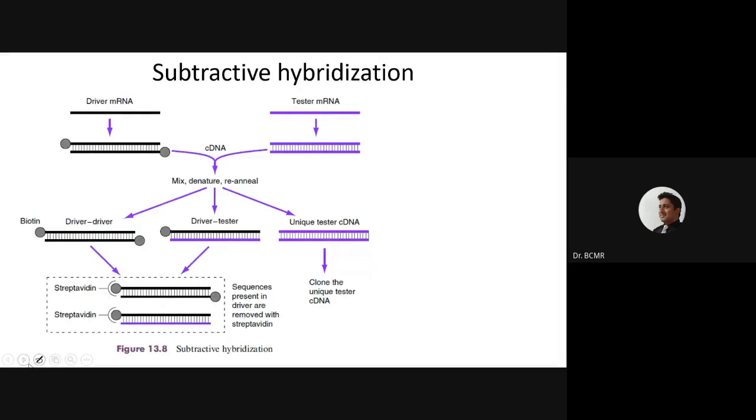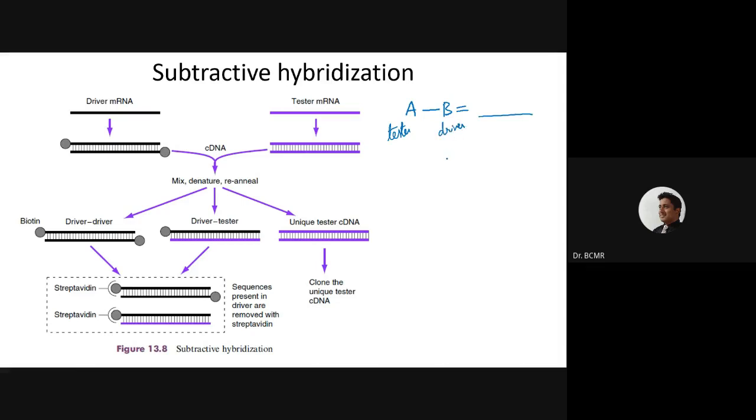Subtractive hybridization. I think you remember this. The goal of it is to find what is expressed in A specifically, so A minus B should give the difference. We are subtracting; A would be the tester, and B would be the driver.